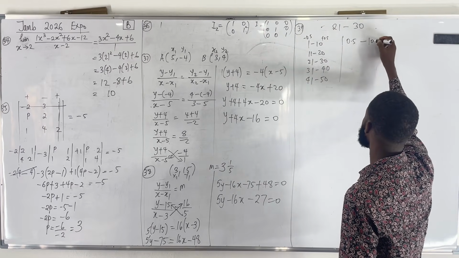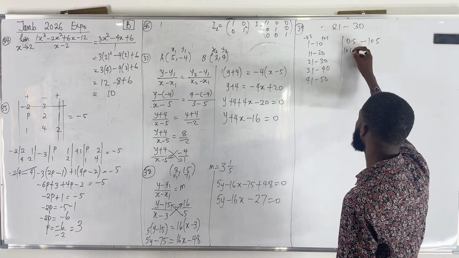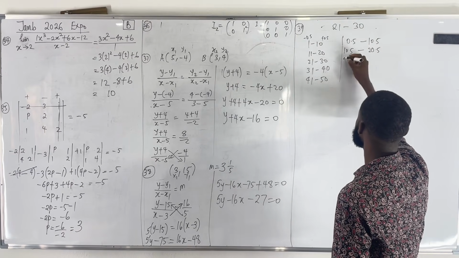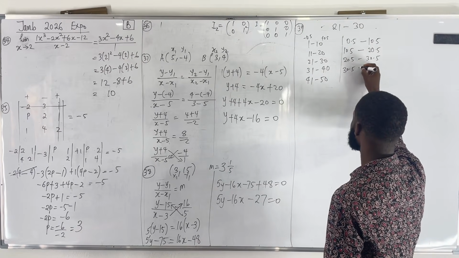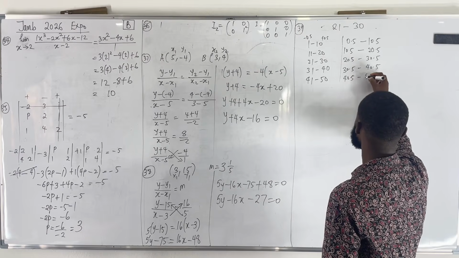So this will be 10.5. Here, when you subtract 0.5, you get 10.5, and here, adding it, this will be 20.5. So 20.5 to 30.5, 30.5 to 40.5, 40.5 to 50.5.